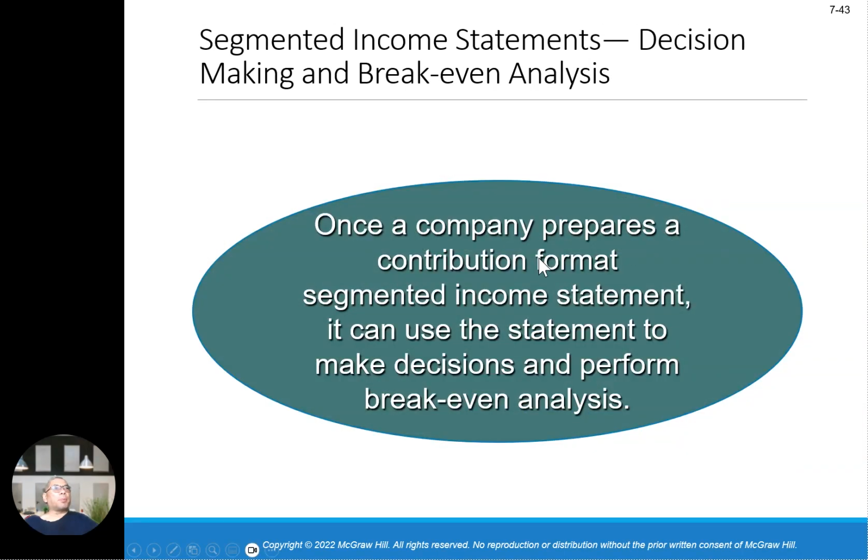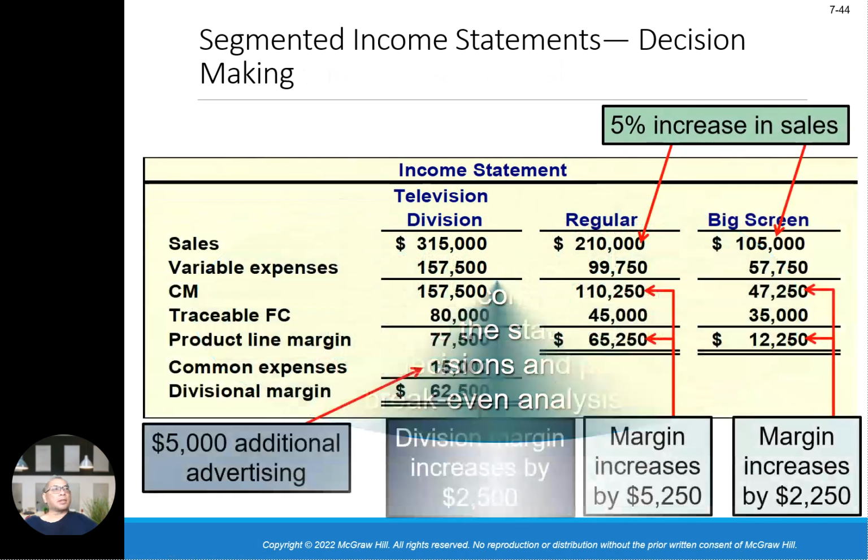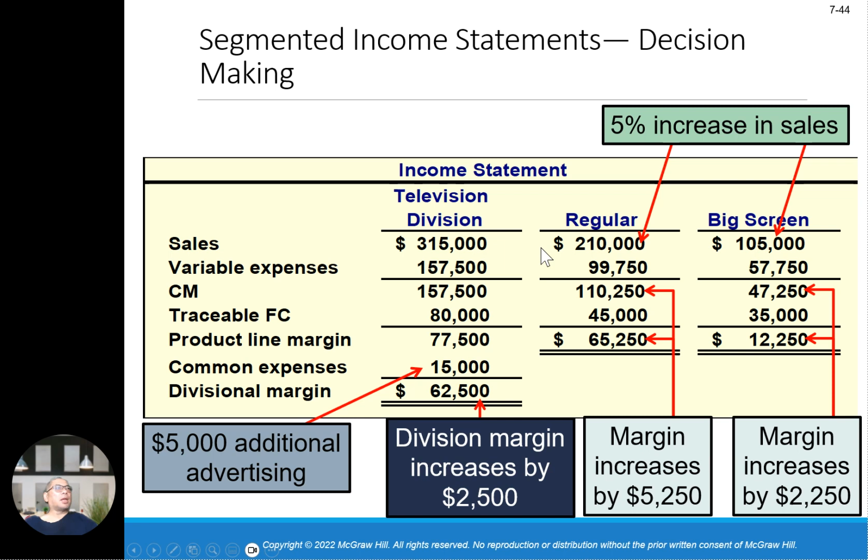Okay, once a company prepares a contribution margin segment income statement, you can use the statement to make decisions and perform break-even analysis. So we're going to perform analysis here. There's a 5% increase in sales. And then you've got the contribution margin here: margin increases by 5250 for regular, margin increases by 2250 for the big screen. You've got an additional common expense of 5,000 here, advertising.